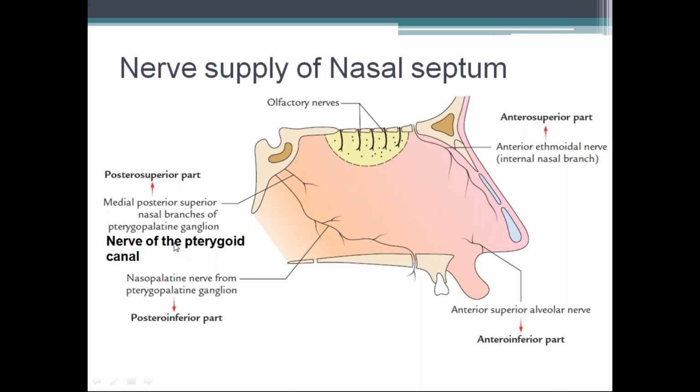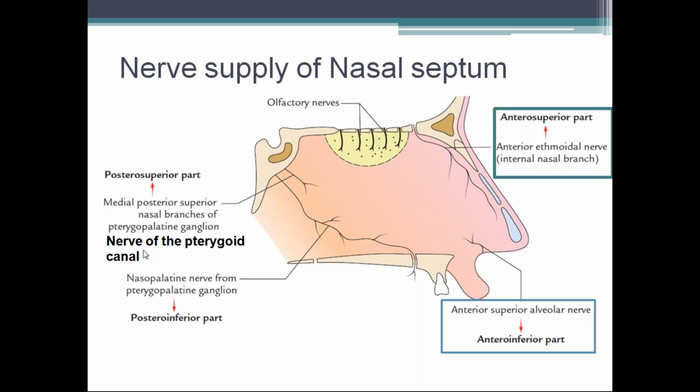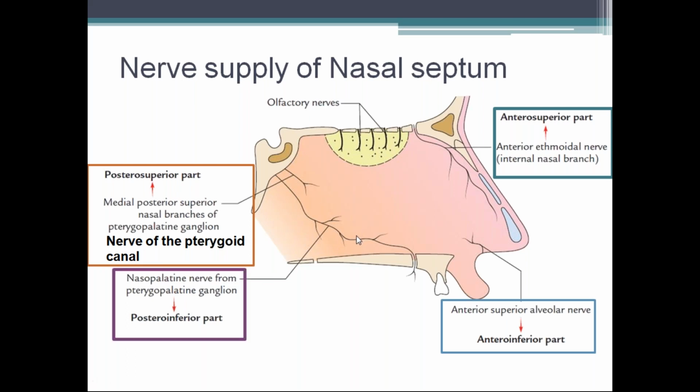And the posterior superior part of the nasal septum is mainly supplied by a branch from the pterygopalatine ganglion, that is the medial posterior superior nasal branch, and it is also supplied by the nerve of the pterygoid canal. And the posterior inferior part of the nasal septum is supplied by the nasopalatine nerve from the pterygopalatine ganglion. Okay, so I think now you are clear with the nasal septum.